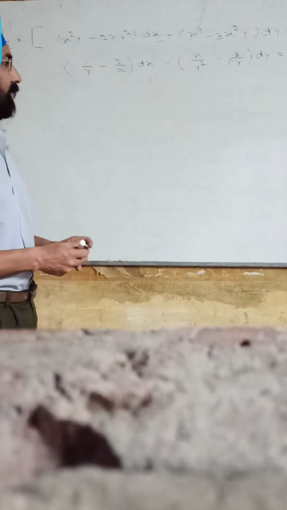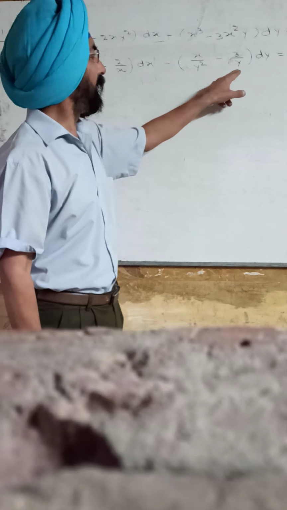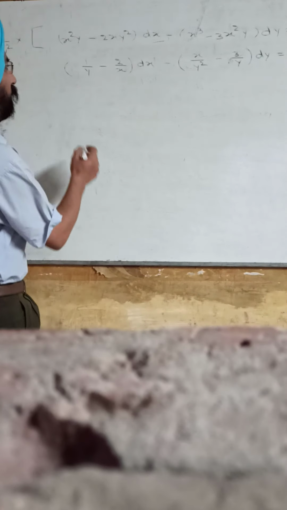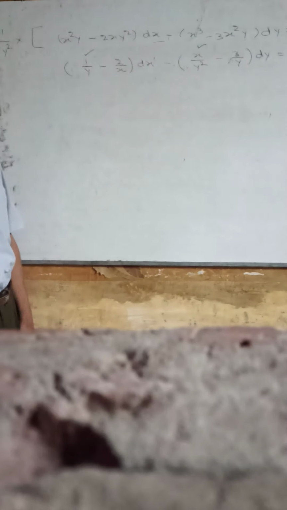Now we have to collect the terms from here. One thing is clear, that 2 upon x dx we can integrate directly, 3 upon y dy we can integrate directly. The problem will be for the first term and the third term.